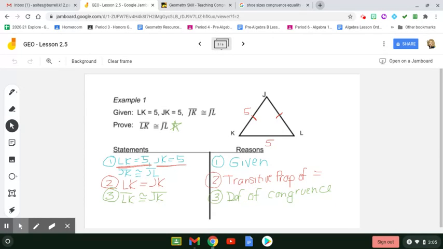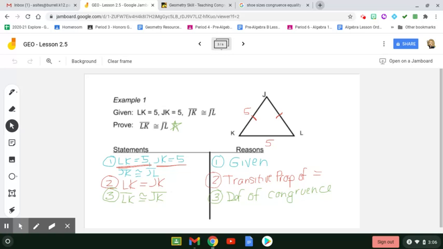And if I'm looking here, I've actually got some things in my given and that last statement that I have that can actually help me get there in the next step. So let's look what we have here. I have that segment JK is congruent to segment JL. And I also have something here with a middleman of segment LK being congruent to segment JK.